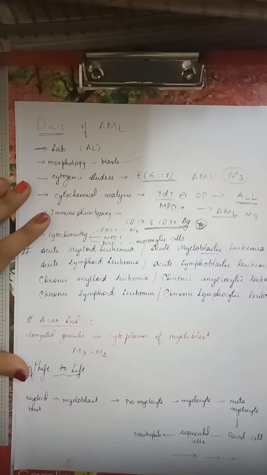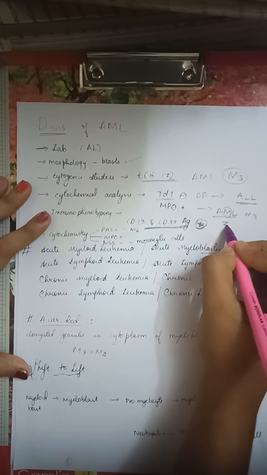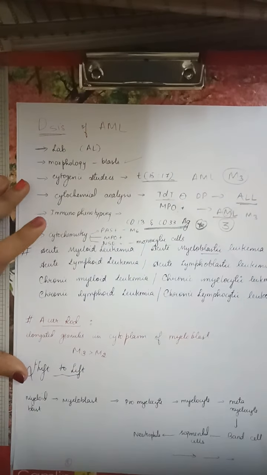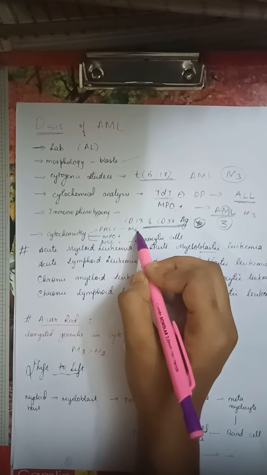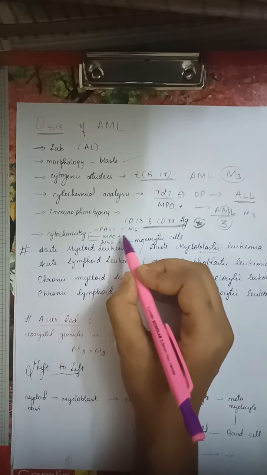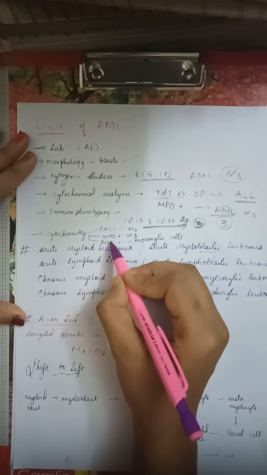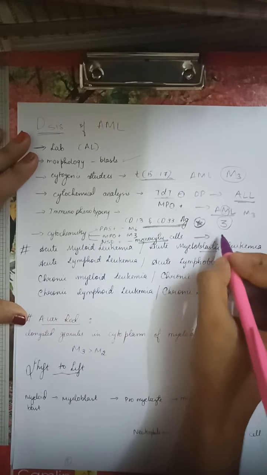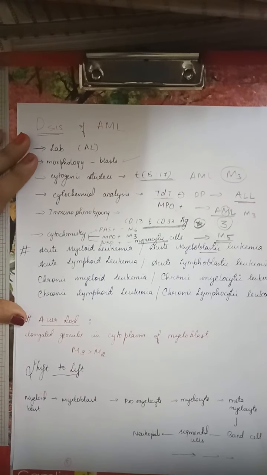Like there are many CD markers, but for AML, just invert this M to 3, so CD13, CD33. Then cytochemistry, again staining, which I have explained to you: M6 is PAS positive, then M3 was MPO positive, then nonspecific esterase is for monocytic cells, that is our 5 rupees bubble gum, so it was M5, which is monocytes.